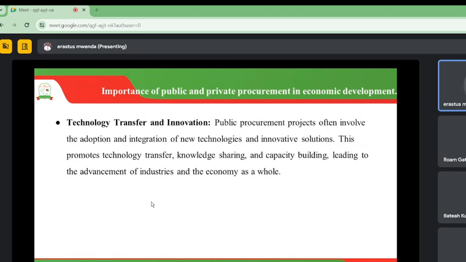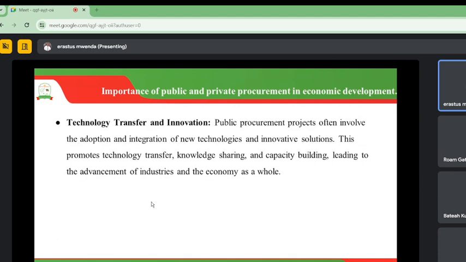For example, we can have new technologies around the building of roads. That means that the contractor will decide, in terms of technology, the kind of raw materials they are going to use, the kind of machinery they are going to use, and so on and so forth.